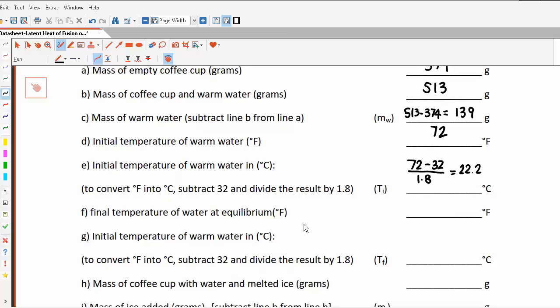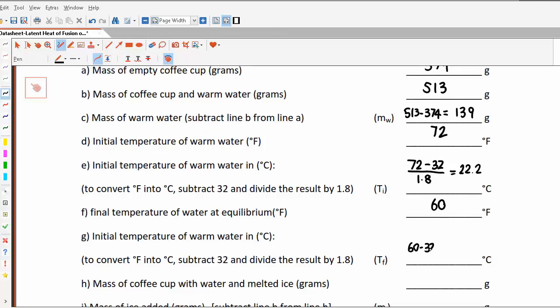The final temperature of the water at equilibrium was found to be 60 degrees Fahrenheit. You can see that the warm water cooled slightly. Let's convert that number as well into centigrade.